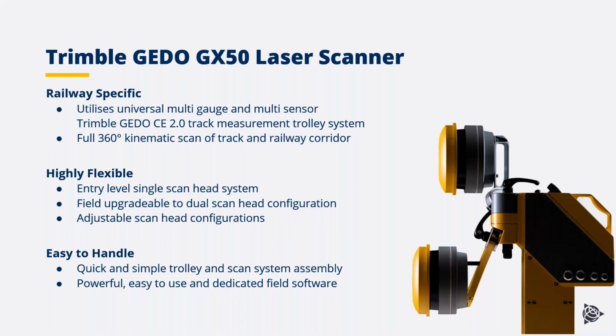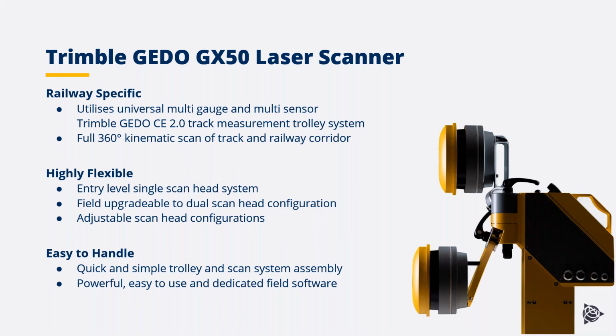So to summarize those slides quickly, this is a very specific application for railway. It utilizes the known GEDO CE 2.0 track measurement trolley system. The same trolley system we had in the market before can be used to add the GX50 system. We have a full 360-degree kinematic scan of the track and the surroundings. It's highly flexible and scalable.